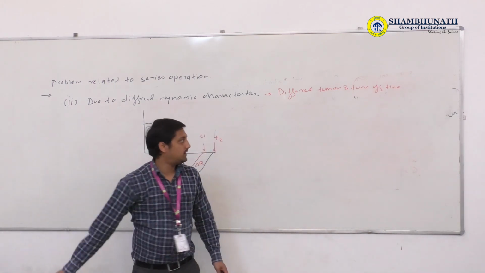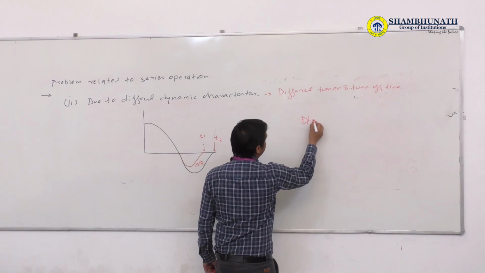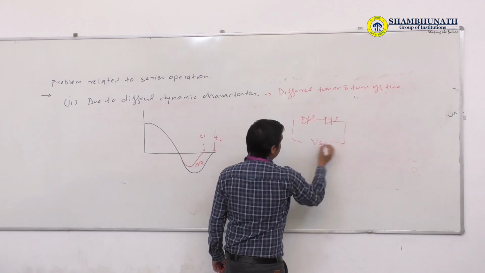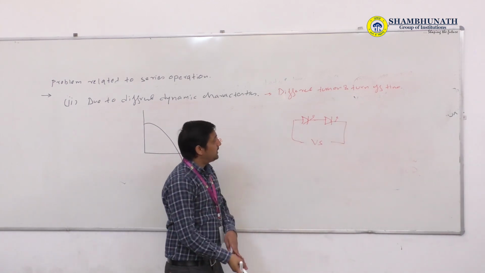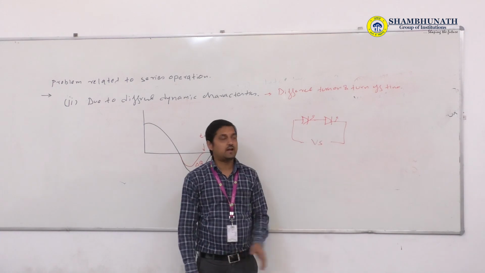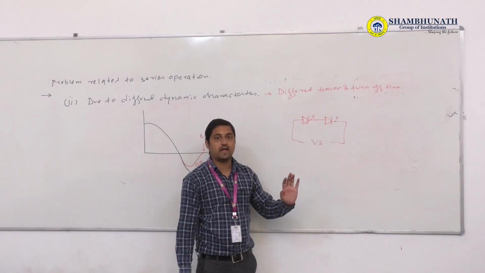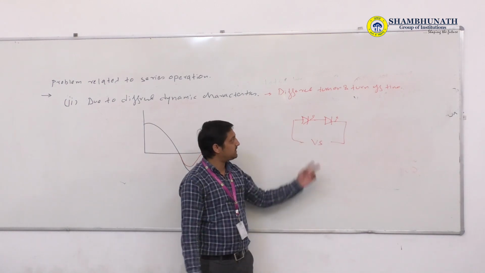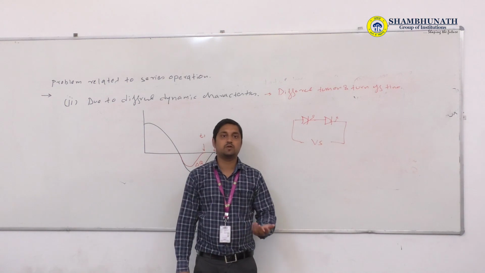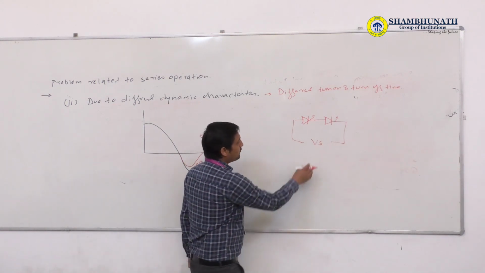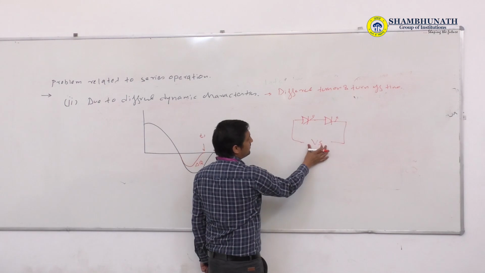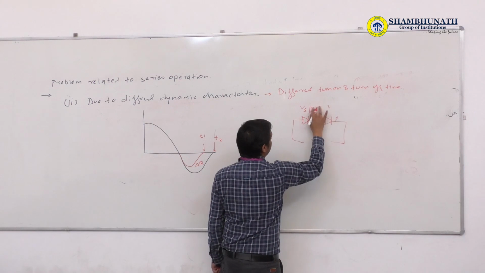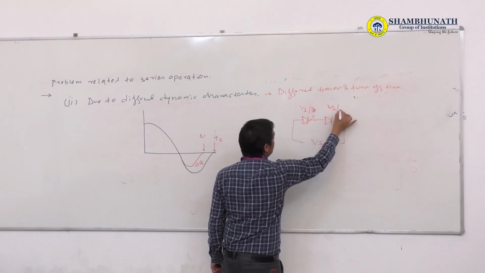Suppose we consider two thyristors connected in series with a voltage Vs. If these two thyristors have the same turn on time, then the voltage distribution across each SCR is equal to Vs by 2 and Vs by 2.